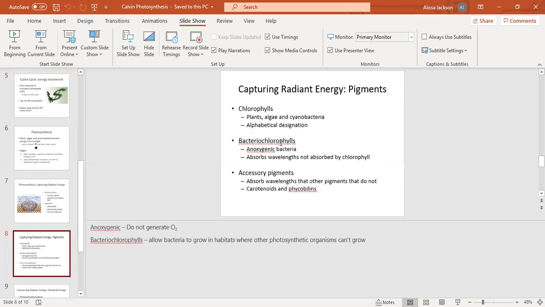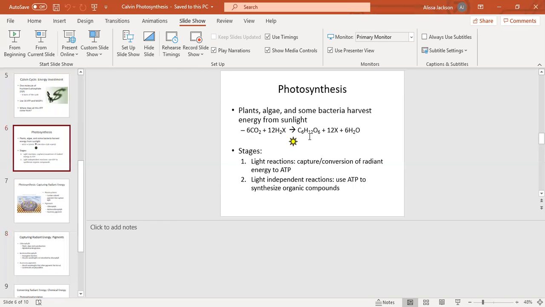So these would be probably some good vocabulary words to know. The chlorophylls are the pigments in plants, algae, and cyanobacteria. Bacteriochlorophylls are used by anoxygenic bacteria. So those do not generate O2, oxygen. So yeah, usually, photosynthesis generates oxygen, right?